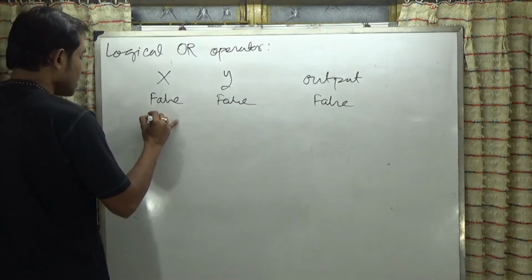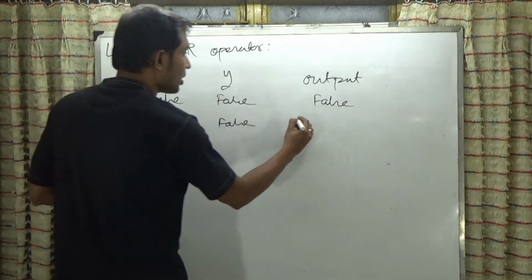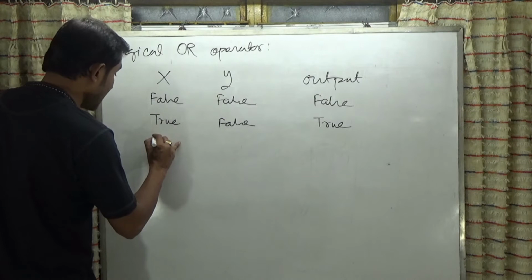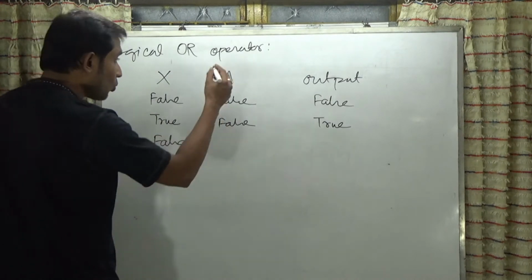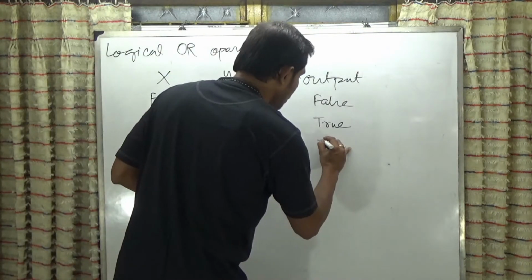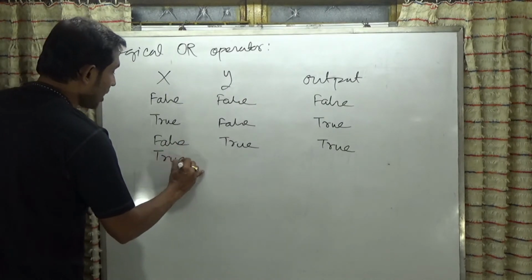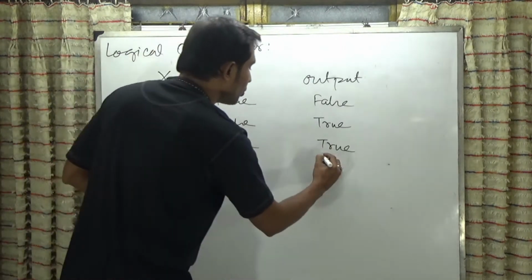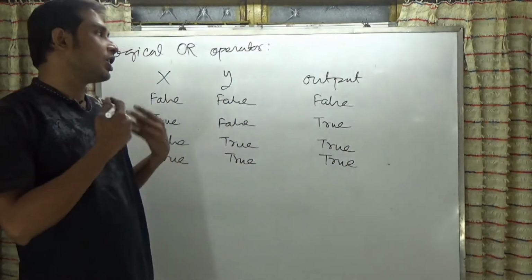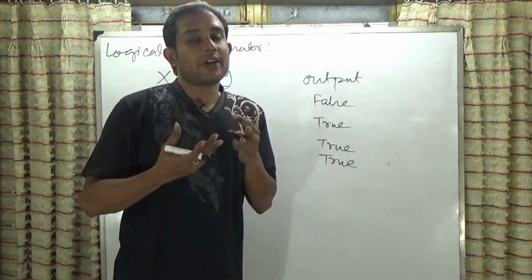If the relational expression x is true and y is false, the output is true. If x is false and y is true, then the output is also true. And if both relational expressions x and y are true, then the output is always true. In this way the logical OR operator works on relational expressions when they are treated as operands.